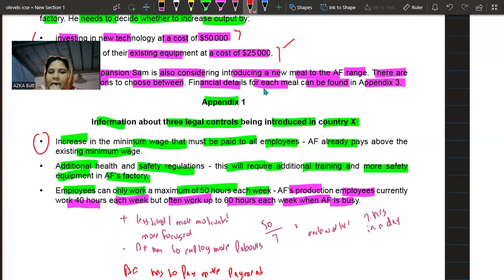So because now they are going to expand, they want to add one more meal into their range. So it can be a good option. Why? Because if they are expanding, maybe the population who are residents of country X would not be liking the taste of their traditional food much.